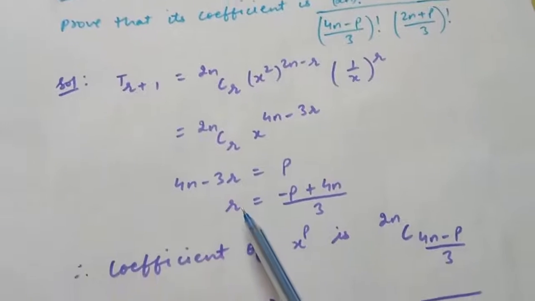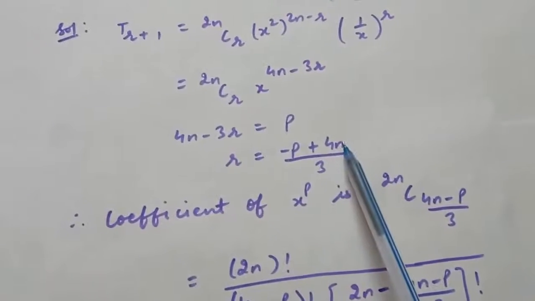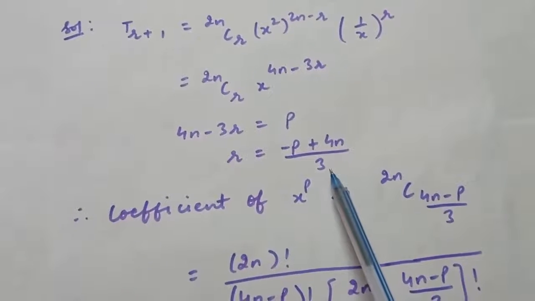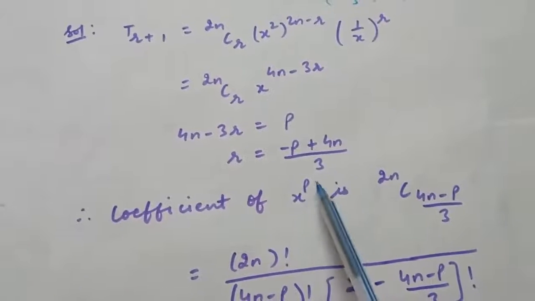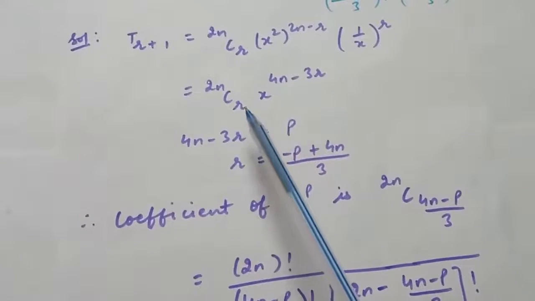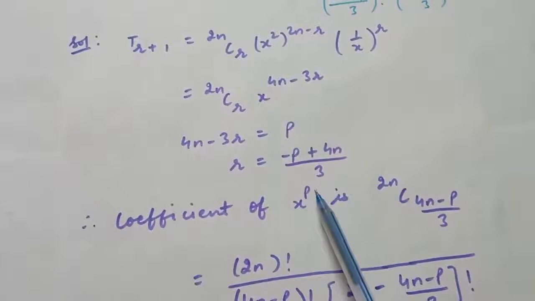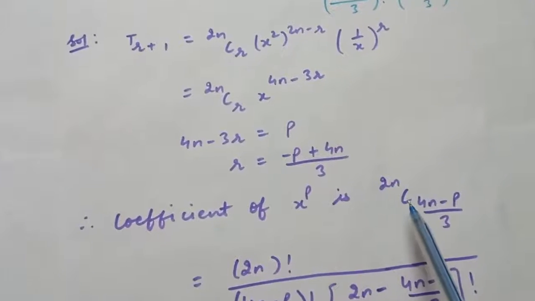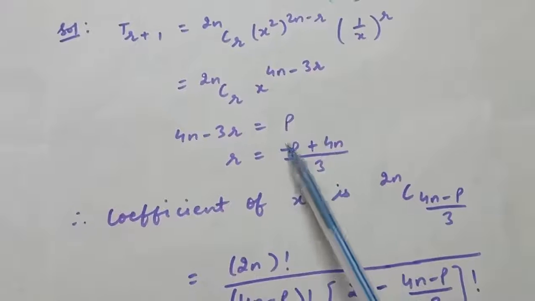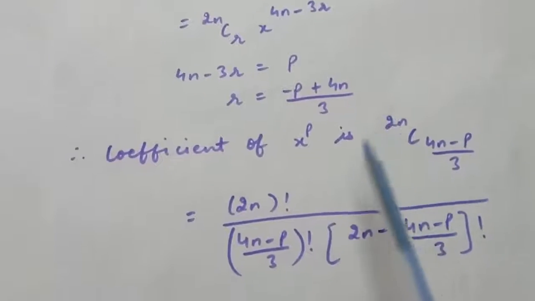So we get the value of r as (4n − p)/3. So coefficient of x^p will be, in place of r, here put this value. So coefficient of x^p is 2nC((4n − p)/3).